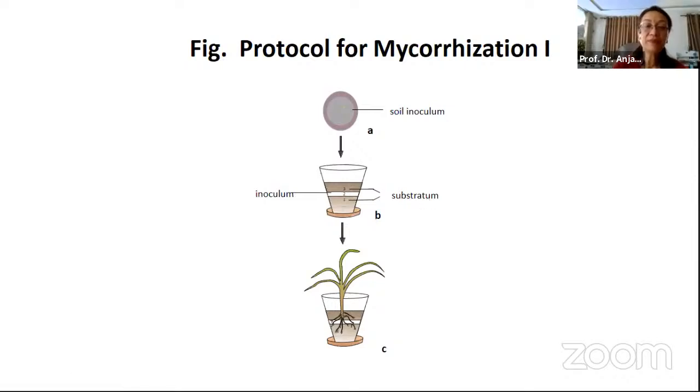Three parts of soil and one part of sand are taken. For soil, you have to do sterilization, otherwise you won't have only the organism that you are going to add as an inoculum. You'll get lots of others from the environment, whatever is present in nature.